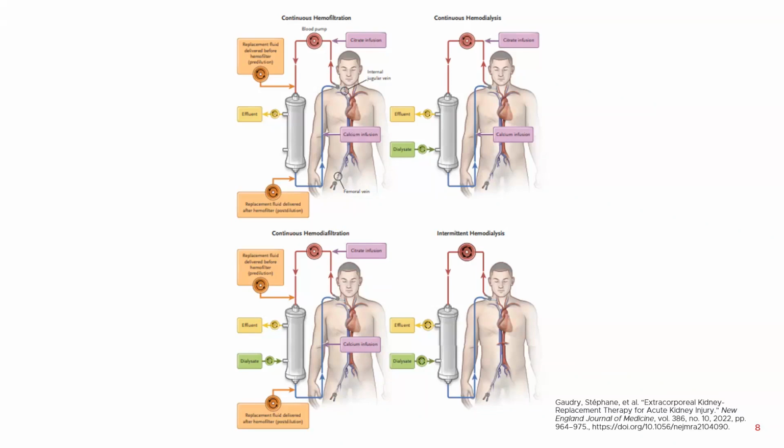So similar to hemodialysis, the dialysate is being perfused in the opposite direction that the blood flows, and then the effluent is also being drawn out by the pressure gradient as well. And then the bottom right-hand corner of the screen is for intermittent hemodialysis. So it works by also having a dialysate solution, but as I said previously, this just occurs over 3 to 5 hours.